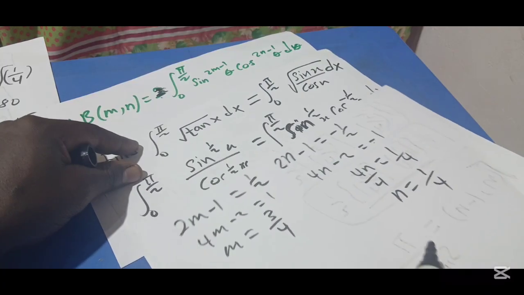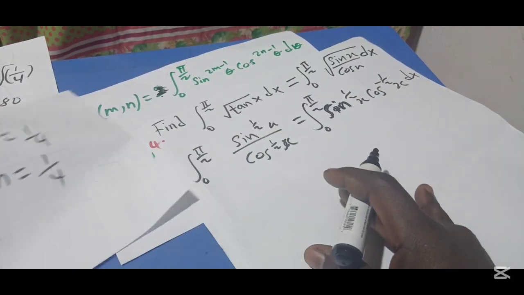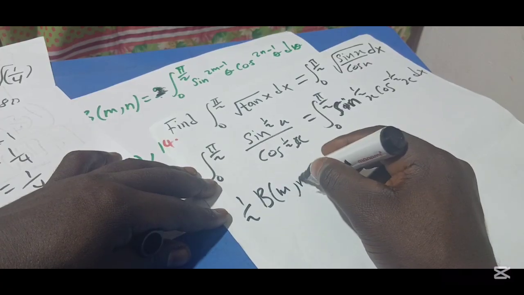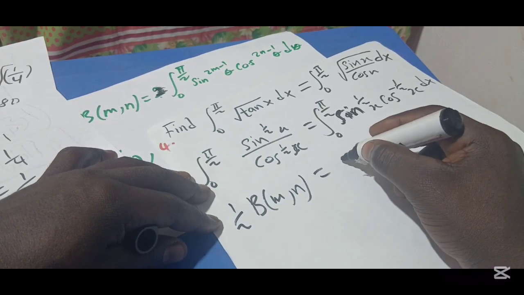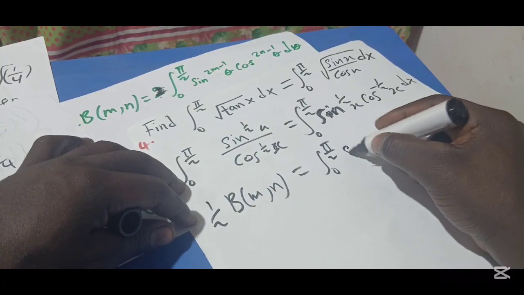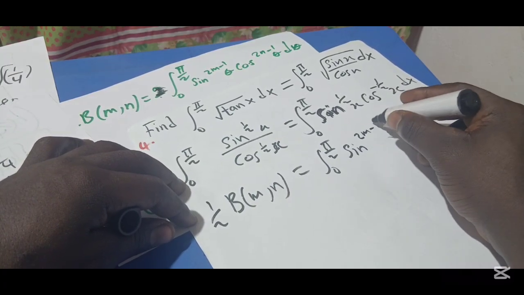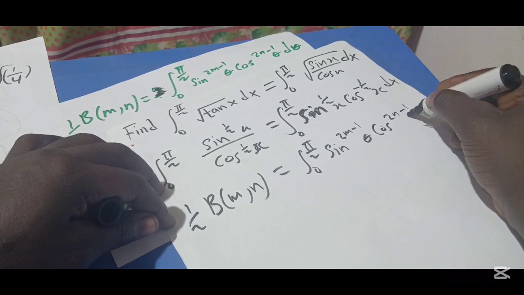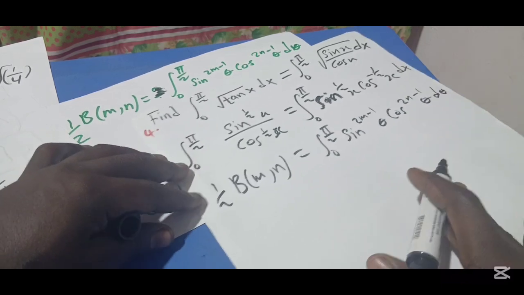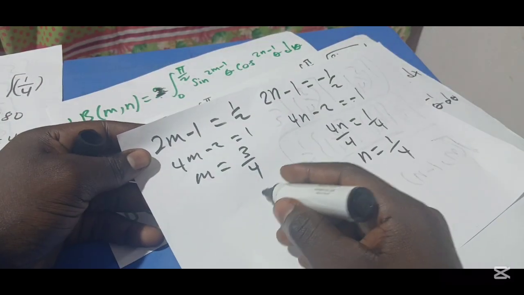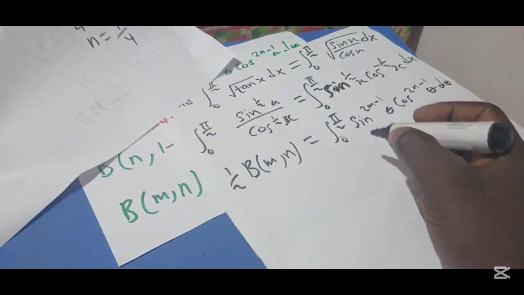So now we said half beta of m, n should be equal to the integral from 0 to pi on 2 of sine to the power 2m minus 1 theta, cos to the power 2n minus 1 theta, d theta. Now we know the value for m to be 3 on 4 and n to be 1 on 4.